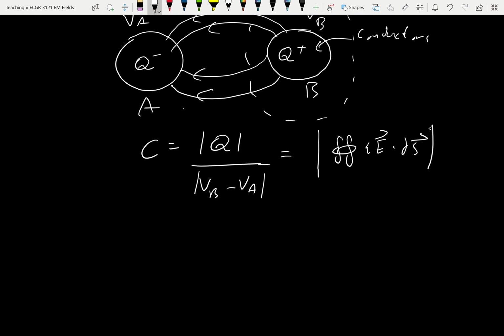So this is from Gauss's law, divided by the voltage. We know the formula for the voltage going from point A on the surface to point B on the other surface. So it's just minus the line integral, oh, it's not closed, the line integral from A to B of E dot dl.